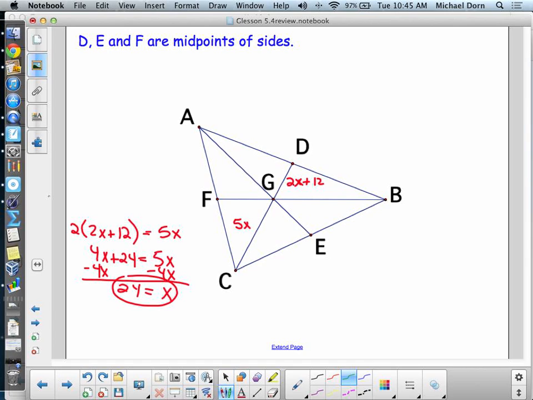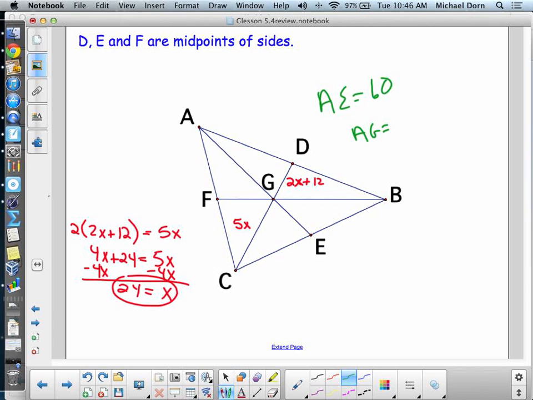What if I said, and now this is not drawn to scale necessarily, AE equals 60. How long is AG? AE is the whole thing, the whole median.